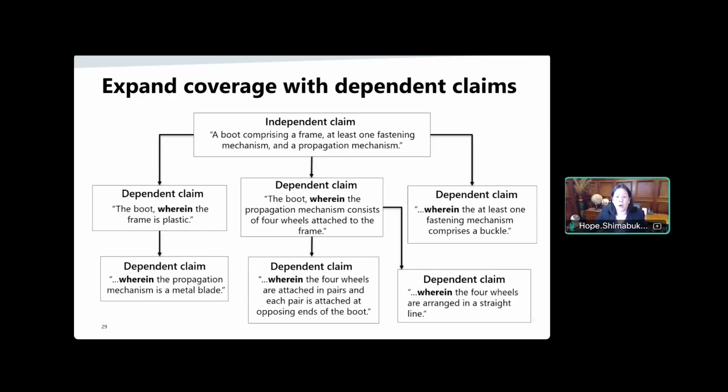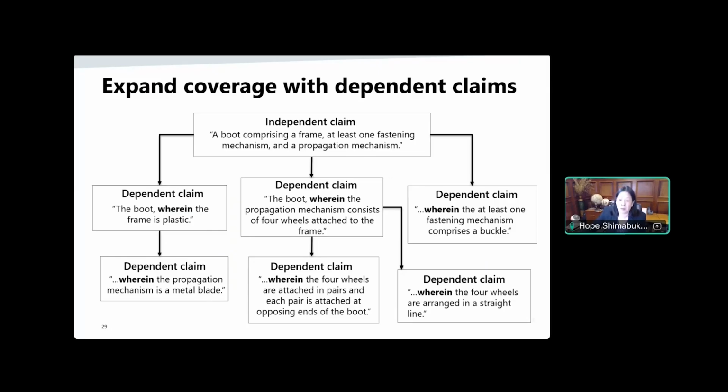So here's all the applicant's originally filed claims. And in order to overcome the two prior art pieces that we just mentioned, one of the questions that we're going to ask is, could the dependent claim really narrow down that independent claim? So let's take a look if we start adding the limitations from the dependent claims into the independent claim.